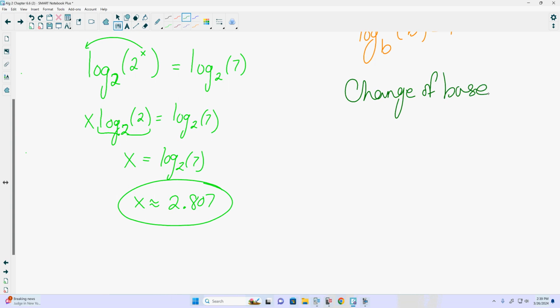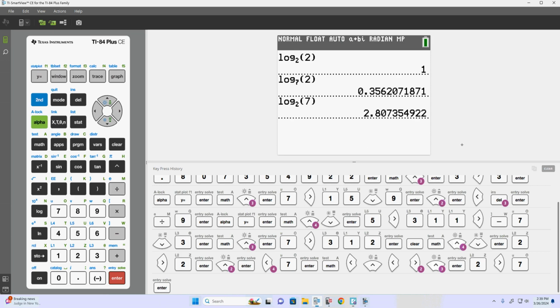Now we can also use the change of base to calculate these. Our change of base stated that log base b of m is equal to log of m over log of b. So we could have also calculated this as log of 7 divided by log of 2 and gotten the same value.